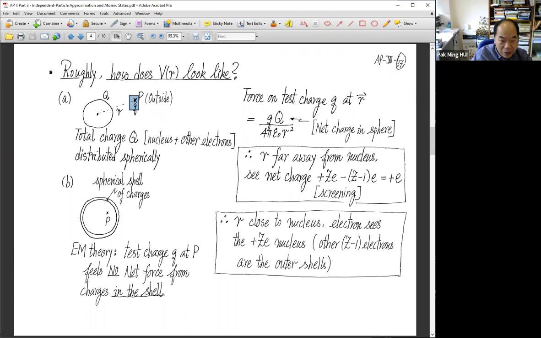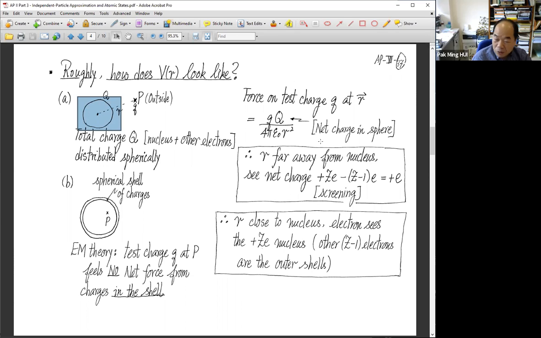it's like you have the nucleus and then you have all the other Z-1 electrons. Thereby, you expect what you see is not the total nuclear charge, but screened out by the other electrons.